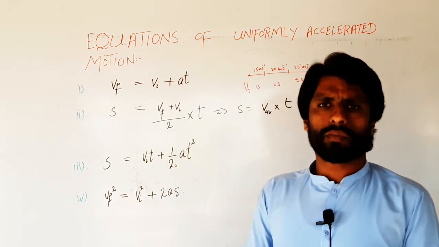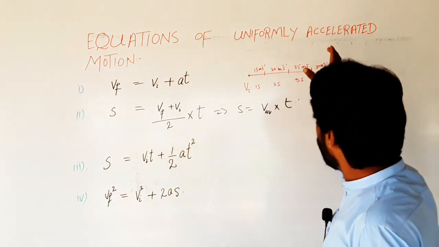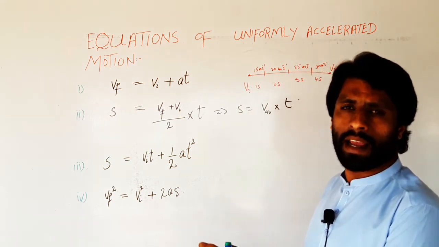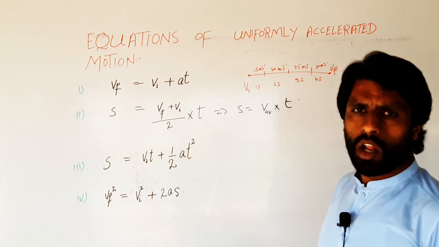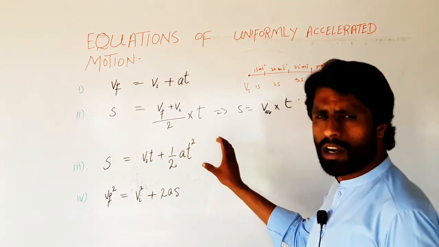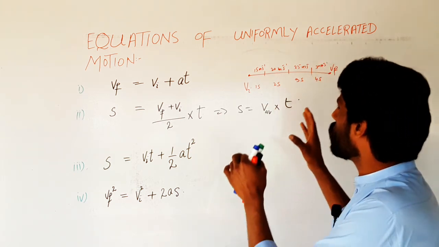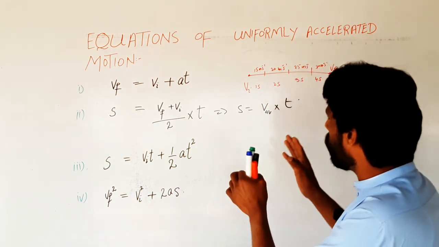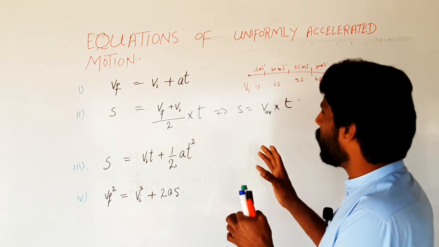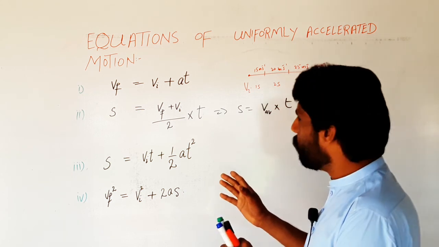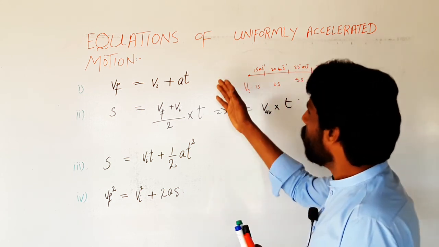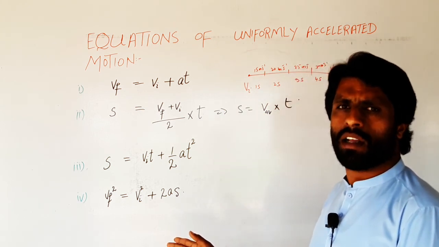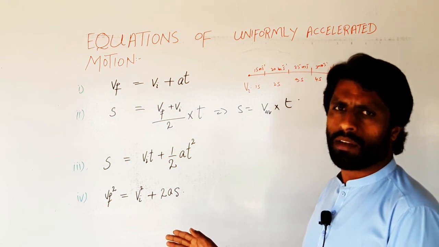We choose the values from the statement of the problem. In the problem statement, what will be asked and which quantities are given, according to the given quantity and unknown quantity, we decide which equation is used to find out the unknown value of the given statement of the problem.